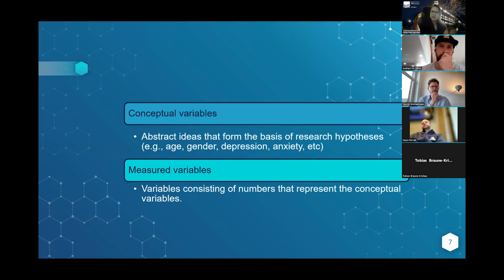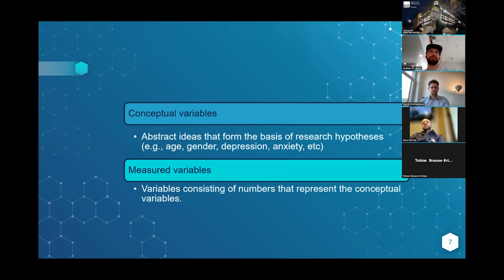The conceptual variables are abstract ideas that form the basis for research hypotheses. For example, abstract variables are gender, age, anxiety, coping strategies, depression. All of these are conceptual variables. So it's just an abstract idea.